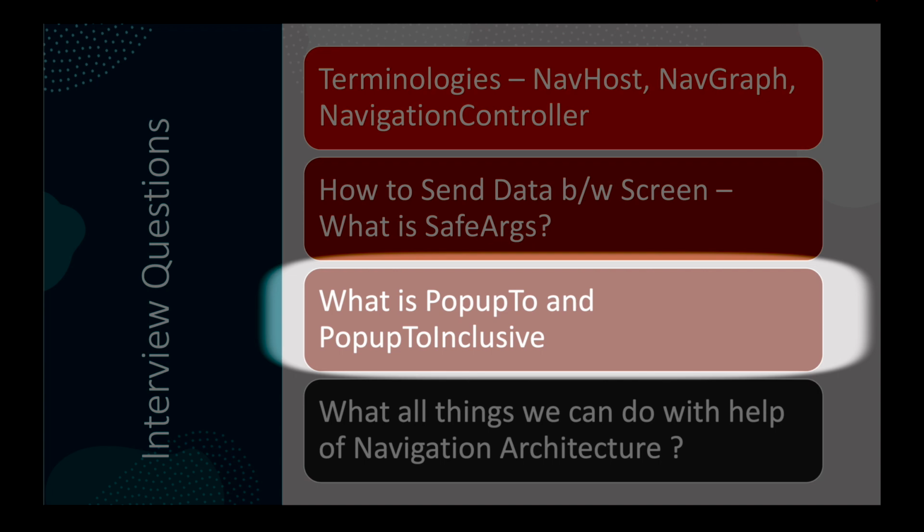So yes, we can optionally pop any additional destinations off the backstack. For example, if your app has an initial login flow, then once a user has logged in, you should pop all the login related destinations off the backstack, so whenever the user presses the back button, it doesn't take the user back to the login flow. This is where popUpTo comes into the picture.